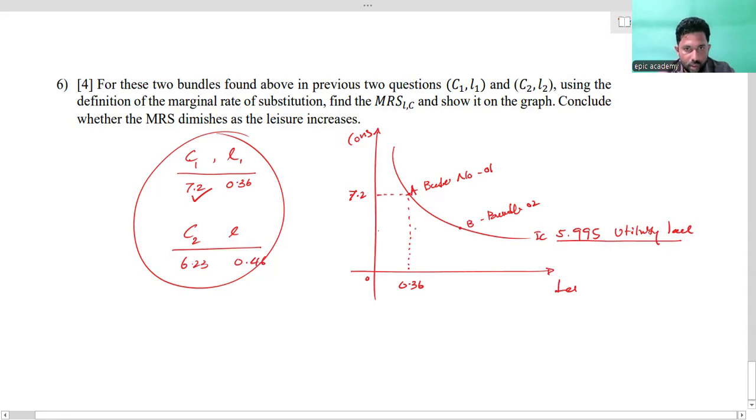But if the consumer changes their preference to the V point, consumption reduces to 6.23, and at point B the leisure becomes 1.46. So those are the 2 points you have to consider when creating a sketch of the IC curve.